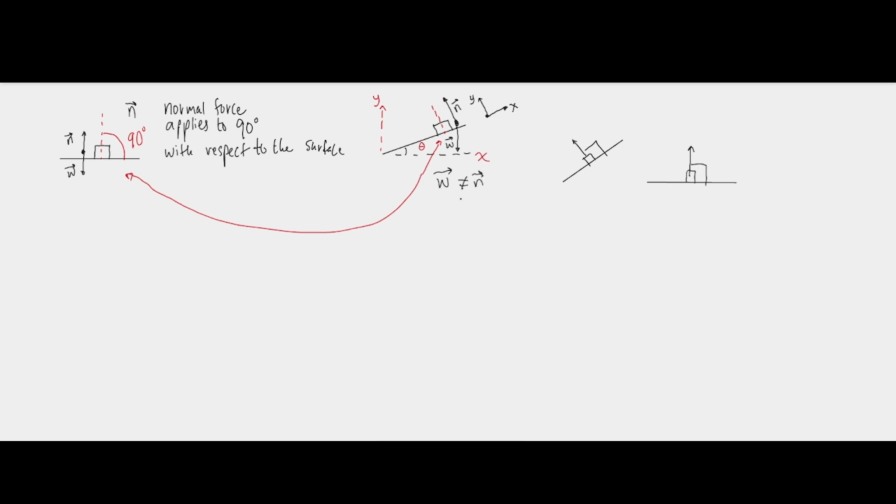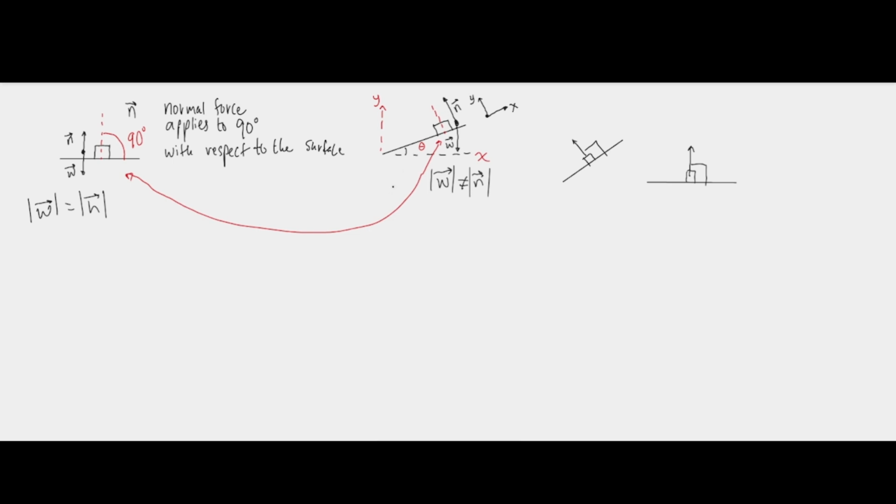They are not equal. The magnitudes, in other words, how big the weight force is, does not balance out the normal force. Over here on this side, in this case, the force of gravity is parallel to the normal force. So the magnitude of the force of gravity is equal to the magnitude of the normal force. That is not the case over here where we have this banked surface that's at some angle.